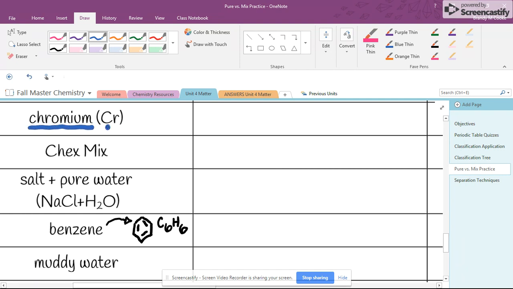Not only that, but I see one capital letter right here, the C, and therefore I know that for sure it is a pure substance. And even more than that, I know that it is an element. So elements are super easy to identify because they are literally on the periodic table. Just look at their symbol, one capital letter, boom, done.